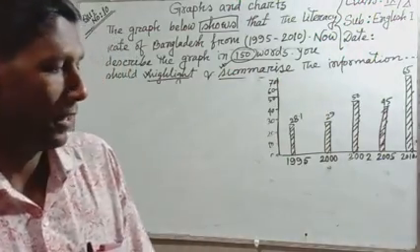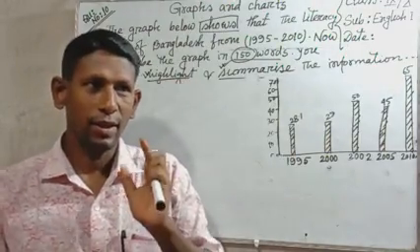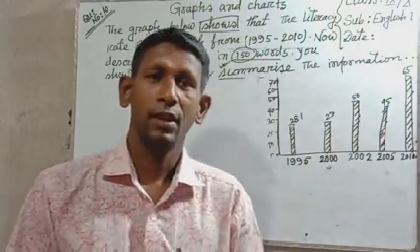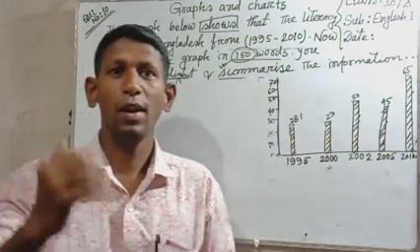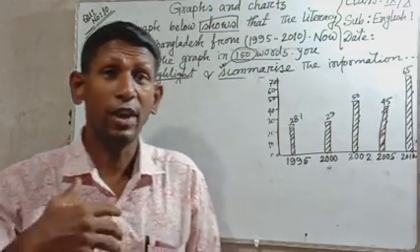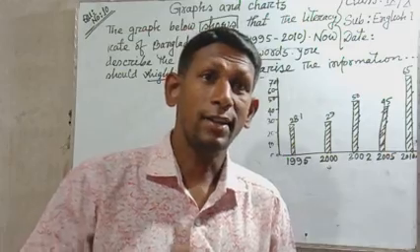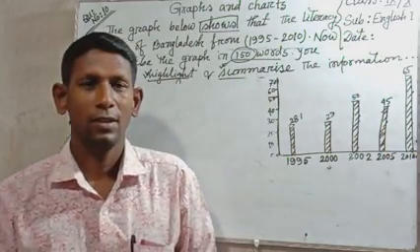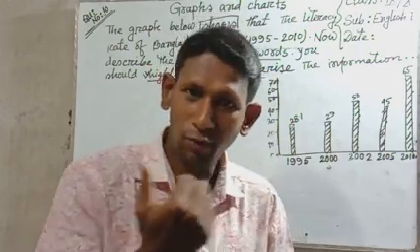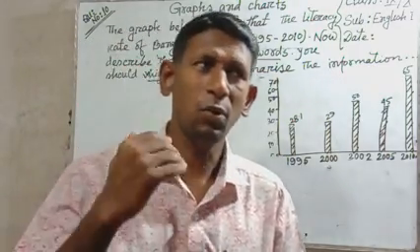On the other hand, another thing I will discuss with you: at the time of writing a graph and chart, you can use the superlative form or comparative form. That is comparison of adjective and adverb. You know that at the time of transformation, we change into superlative, positive, comparative.